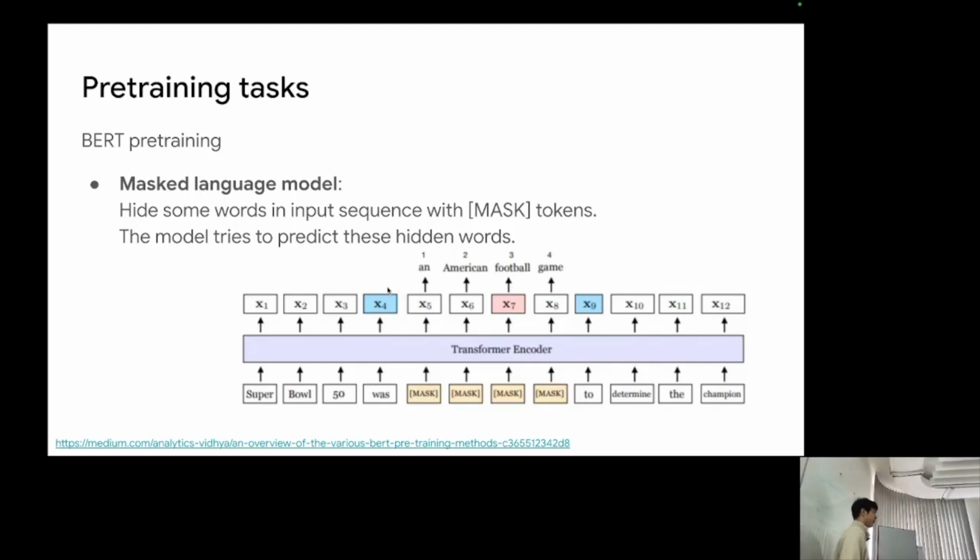Quickly about BERT training. The training objective for BERT is filling in the masked tokens in the token sequence. You know that in natural language processing, the sentence is turned into a sequence of tokens, right? So for example, Super Bowl 50 and so on, these are all tokenized into different vectors, called token embeddings.